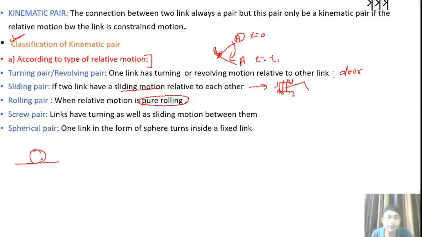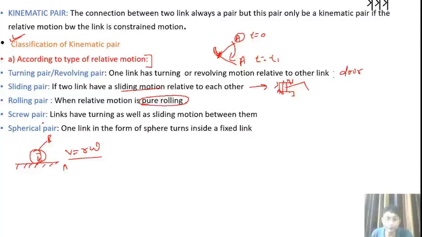Suppose this is one link A, and this is another link B. If this link is rolling on link A, then we say that is pure rolling. If at this point V is equal to R omega, means there is no skidding, then this type of pair is known as a rolling pair.